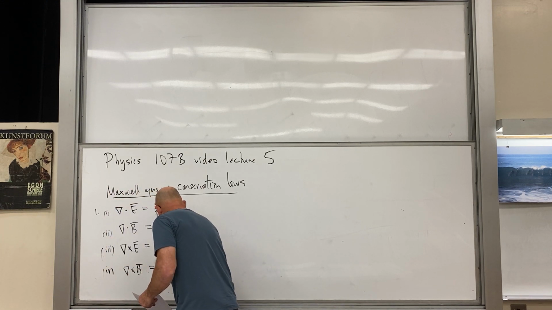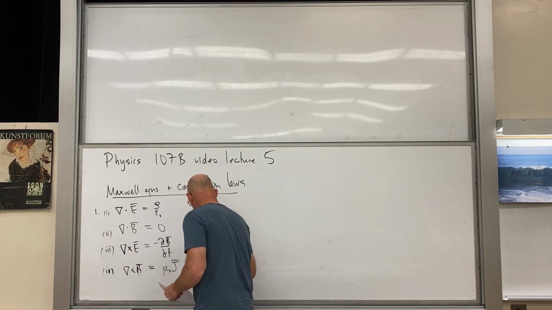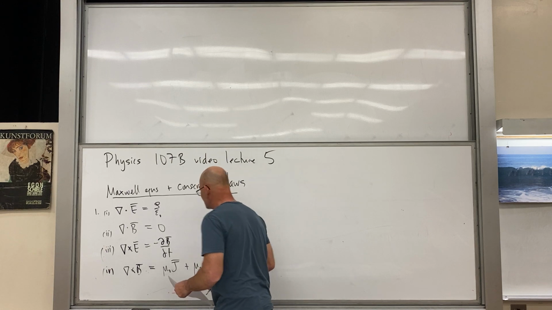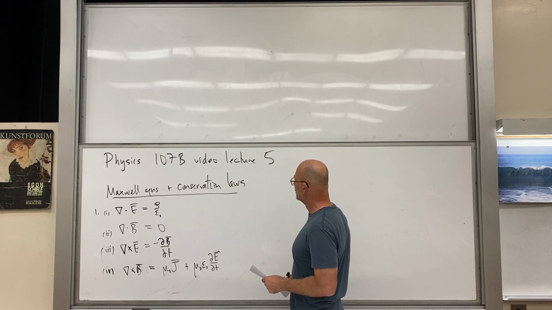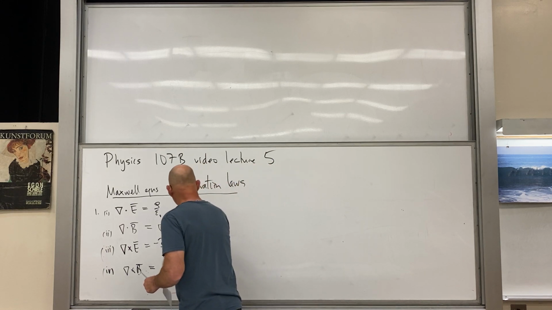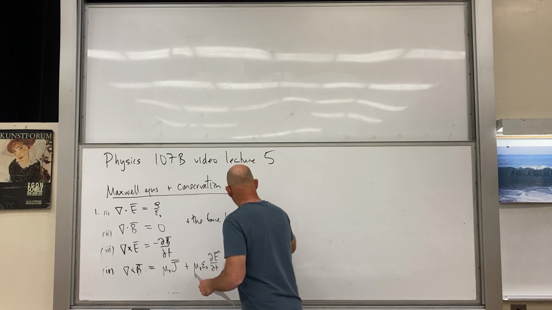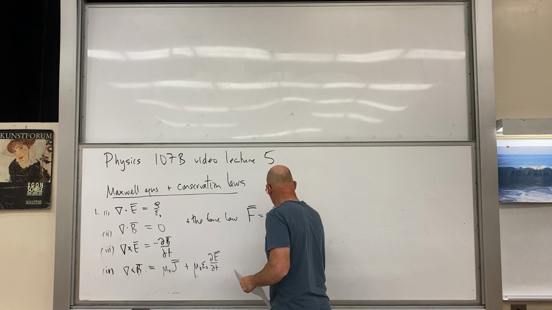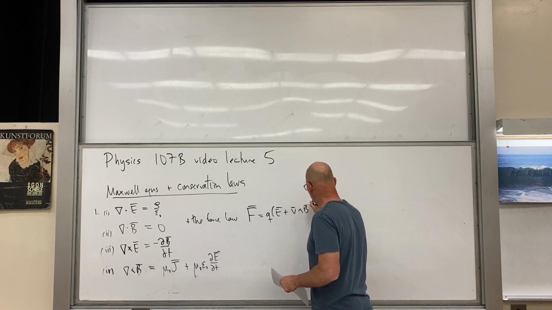We've got the current density plus the new displacement current, the time derivative of E. And if we want to round those out, we also need the force law, the force on a charged particle, E plus v cross B.